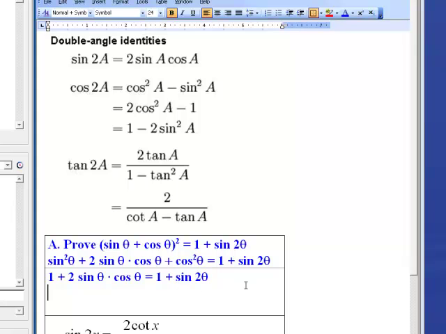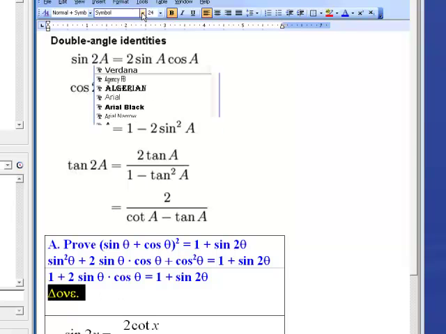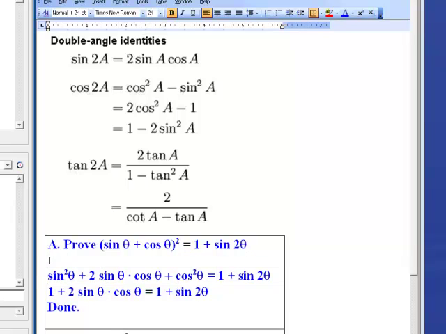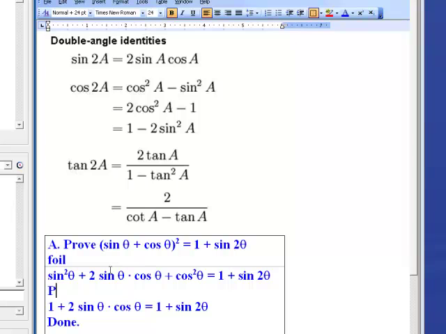And of course, there's a 1 in the front of that. So with that one, okay, that is the word done in Greek. There we go, looks better. So pretty much what I did for these was FOIL, and then what I did here was Pythagorean.